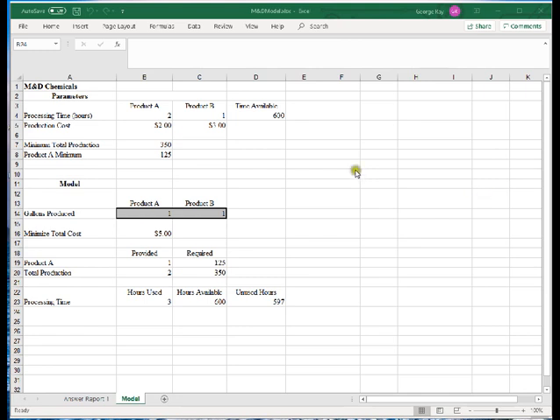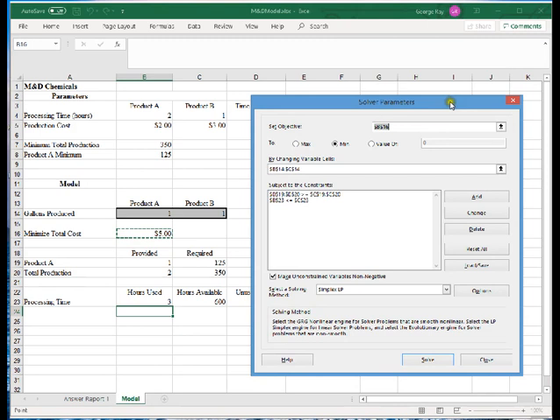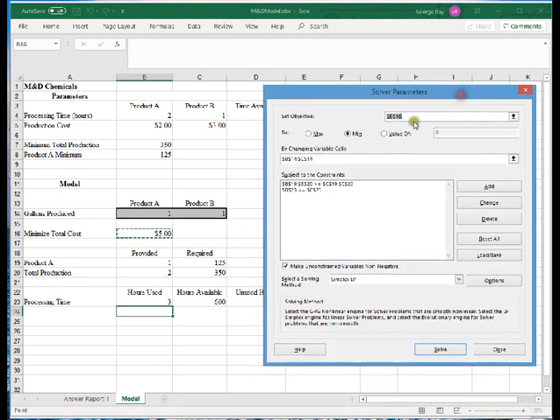We'll go ahead and go to Solver. So again, we go to Data, go over to Solver on the far right, and here we have a dialog box. Our objective function is, as mentioned, B16, our total cost.